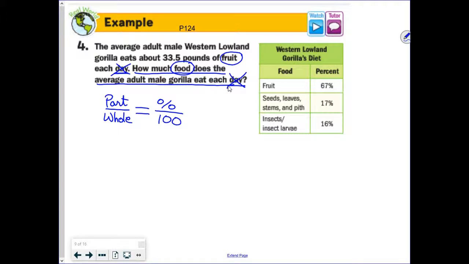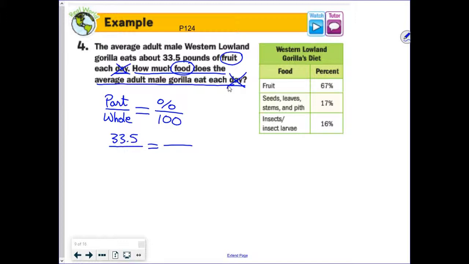So let's take a look again and see what we have. It says the gorilla eats about 33.5 pounds of fruit each day. Well, 33.5 pounds of fruit. I already said the fruit is the part, so 33.5 should go on top of my proportion on the left-hand side.